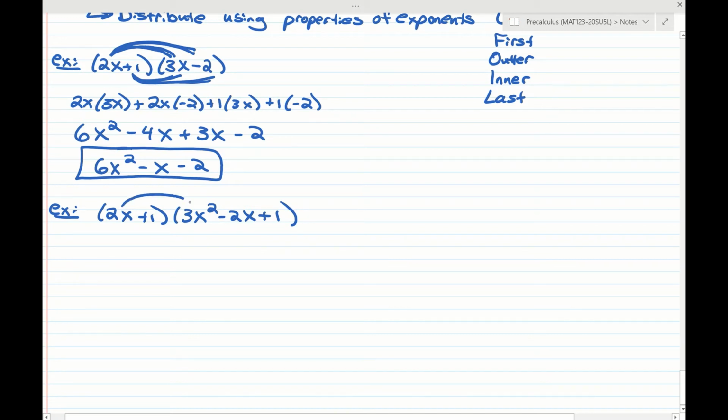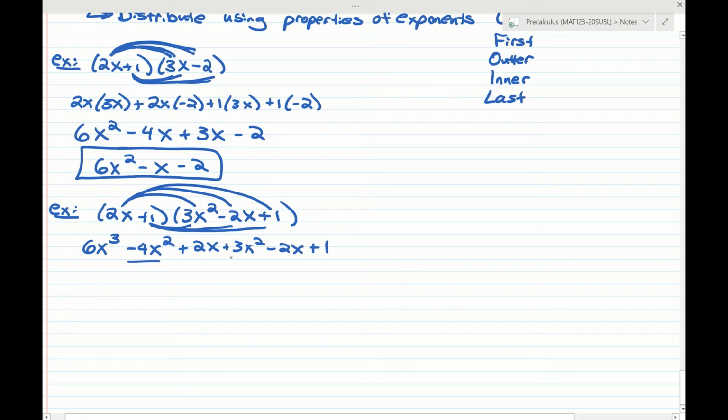So 2x times 3x squared, times negative 2x, and times the 1. So 2x times 3x squared is 6x to the third, minus 4x squared, plus 2x. And now we'll distribute the 1. 1 times 3x squared, 1 times negative 2x, and then 1 times 1.